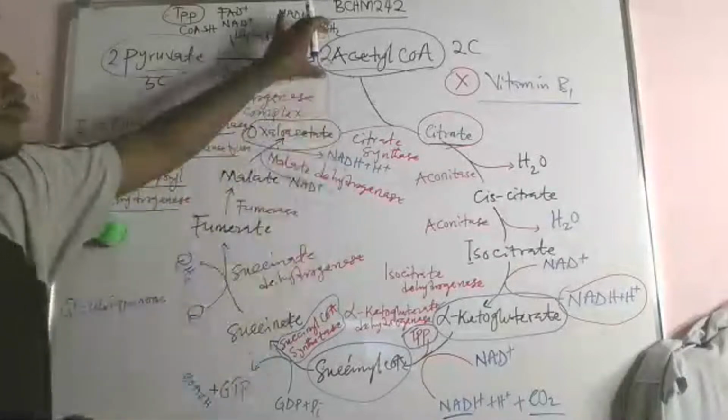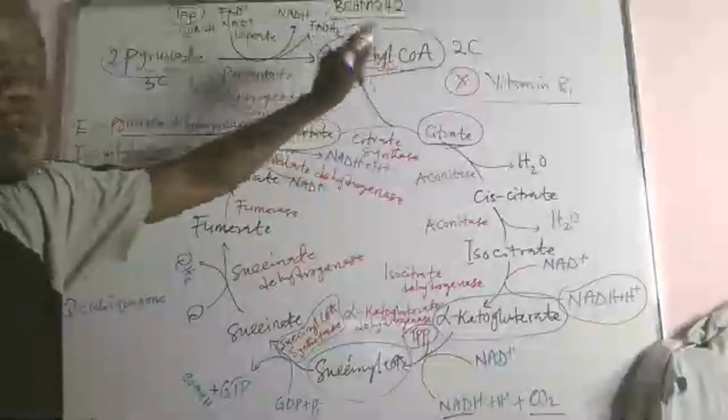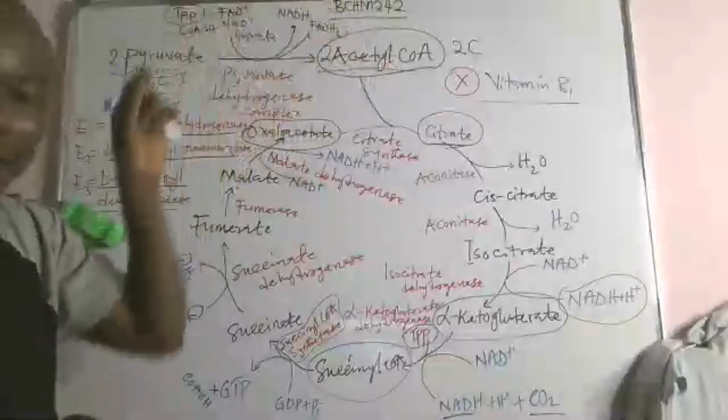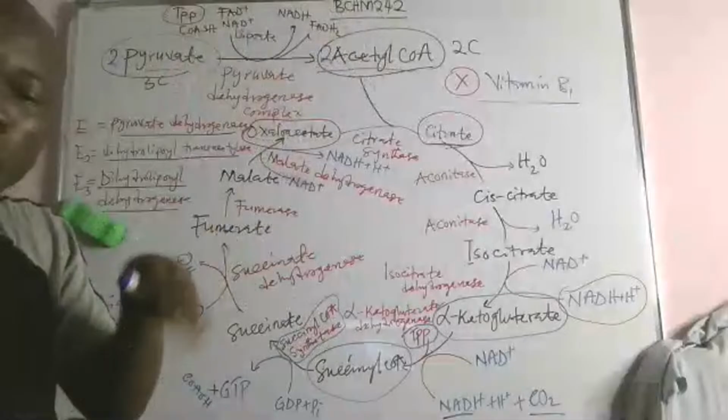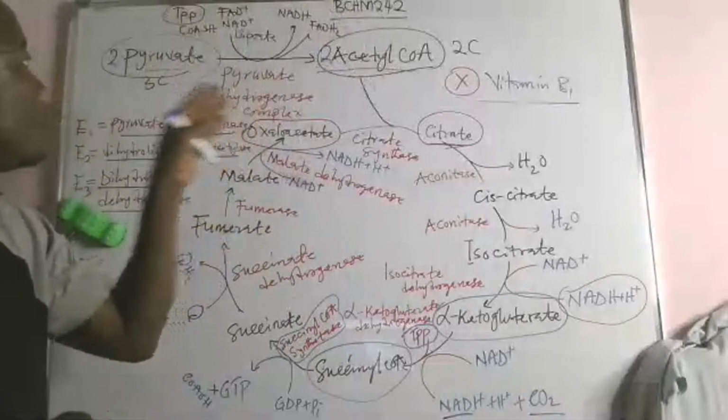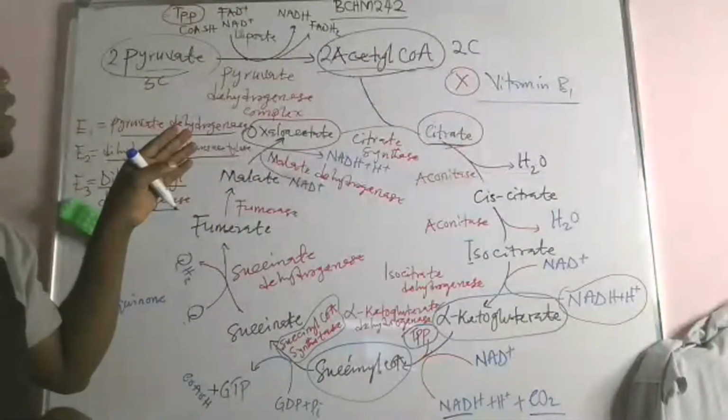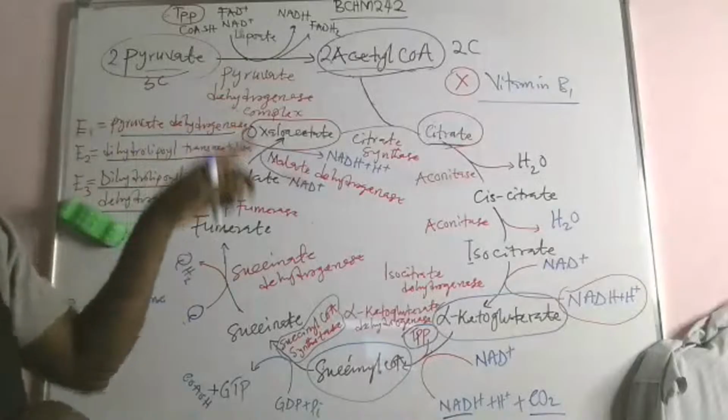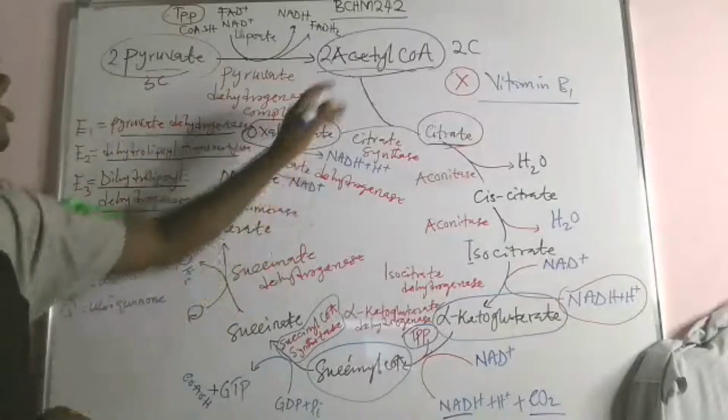So you have 2 molecules of acetyl-CoA. How many cycles of the citric acid cycle are you going to have?